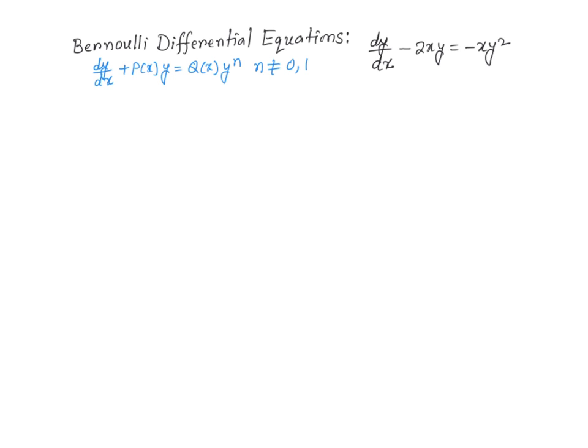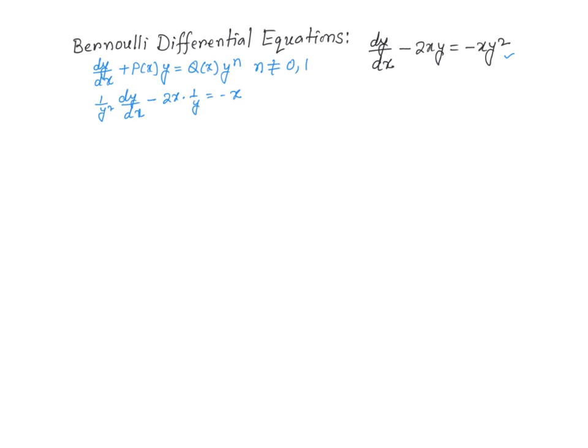So to solve this Bernoulli differential equation, first we need to divide both sides of this equation by y squared. In that case, we get 1 over y squared dy over dx minus 2x times 1 over y is equal to negative x.